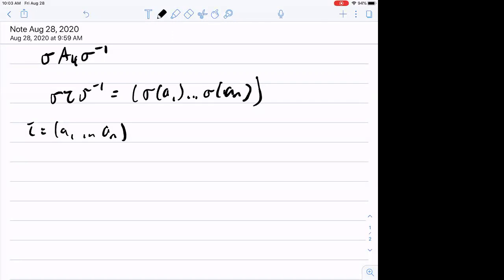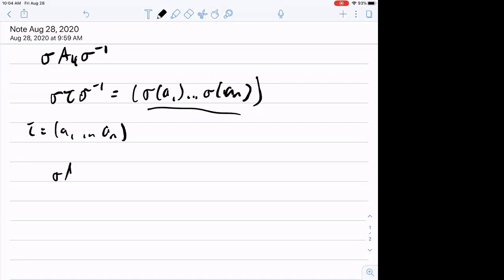Do you remember that? Yeah. So you see that conjugating preserves cycle type, right? So in this case, since the cycle type doesn't change, it's still going to be an even number of transpositions.